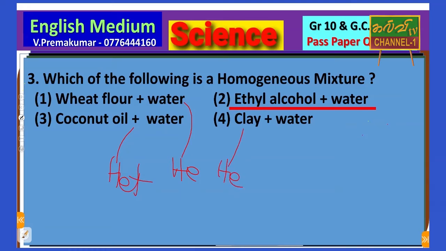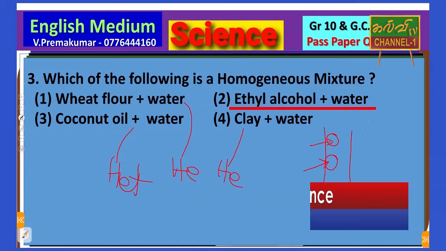The ethyl alcohol and water, you know the Arak bottle, Arak and alcohol, each and every part has the same structure. Sometimes they can ask the question next year or the coming year, right? Normal alcohol, ethyl alcohol, sometimes they can ask methyl alcohol.